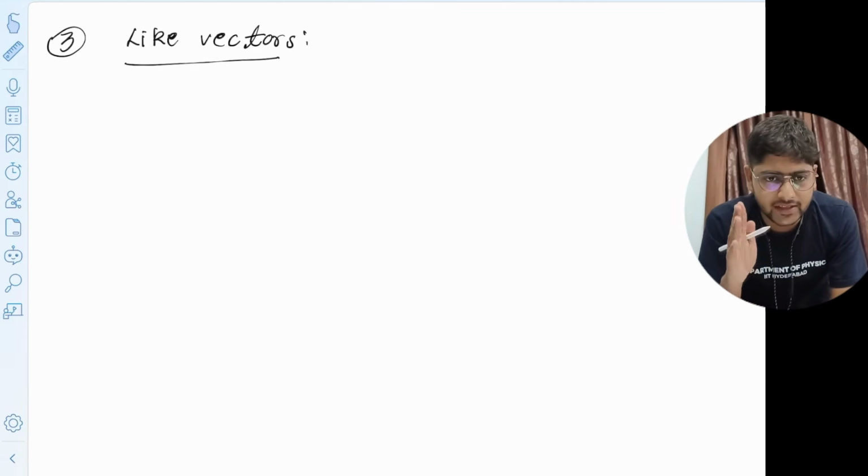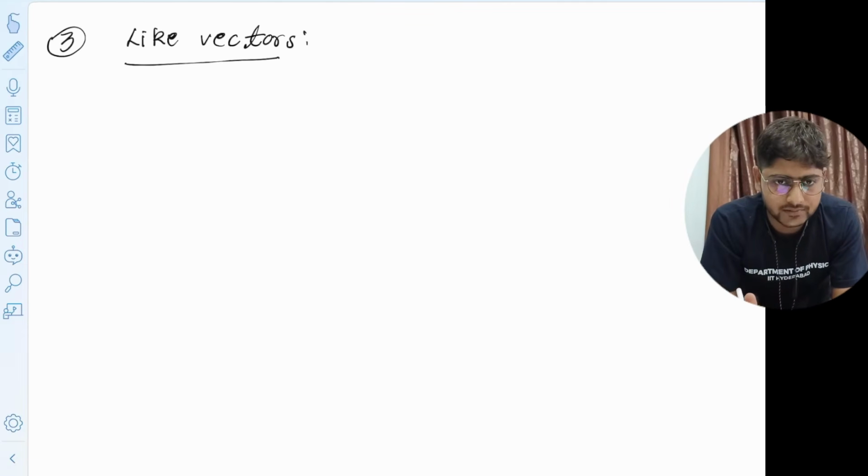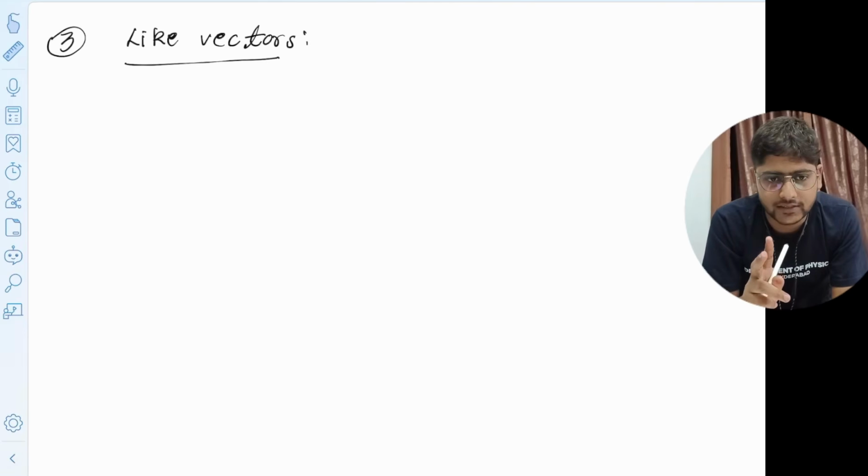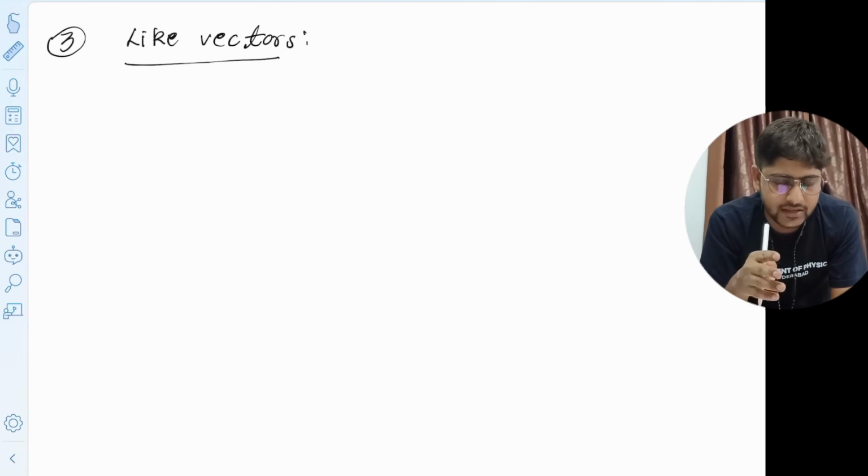Like vectors means if two or three vectors are there, and their direction is the same, then they are called like vectors.